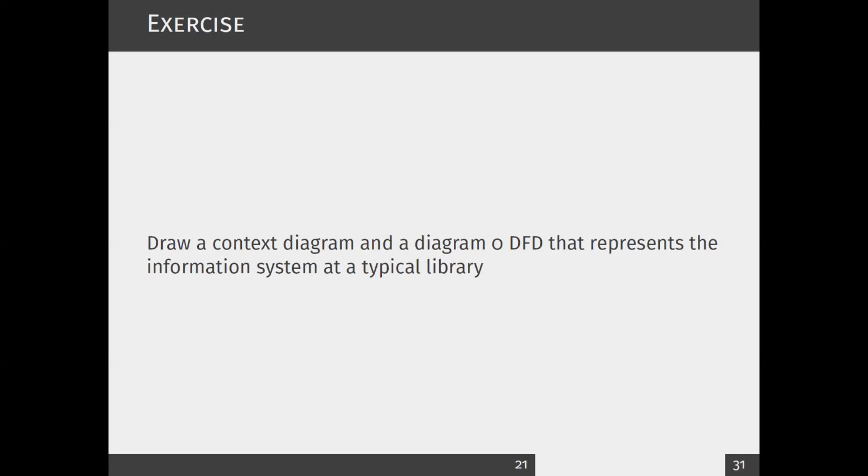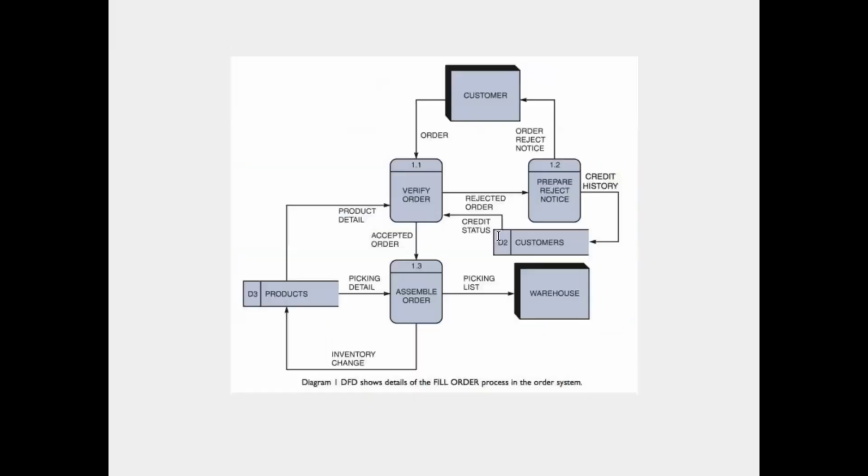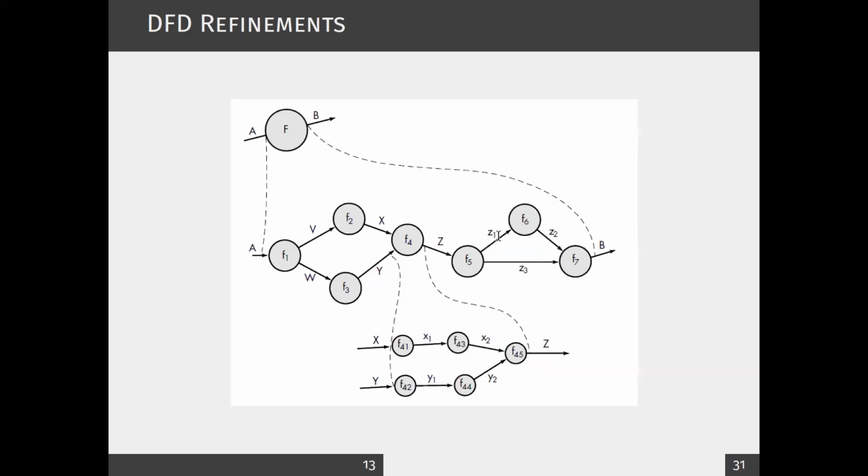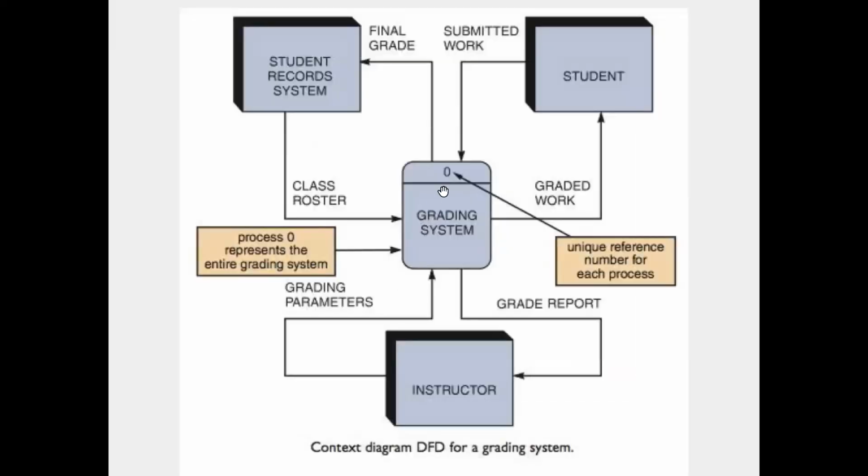When we ask to draw a context diagram for a library system, you start with the context diagram. We already discussed the context diagram. You have to have a single process, and under that, we say library system. That's the first step.